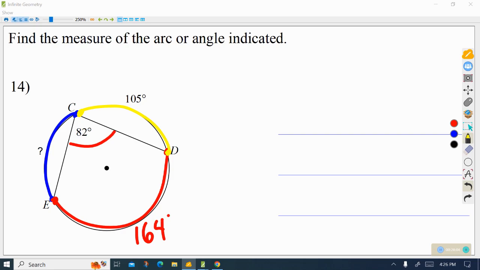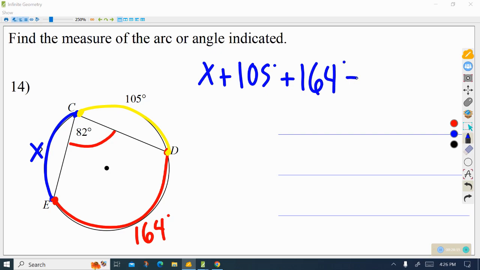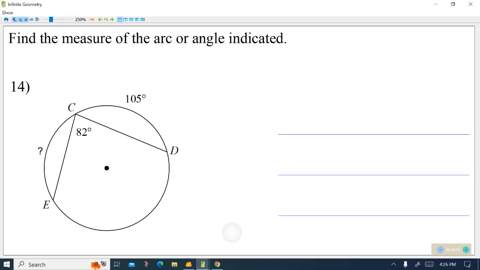So we have this equation that you can write: x plus 105 plus 164 is equal to 360 degrees. And then you just solve that. If you solve it correctly, the answer would be 91.